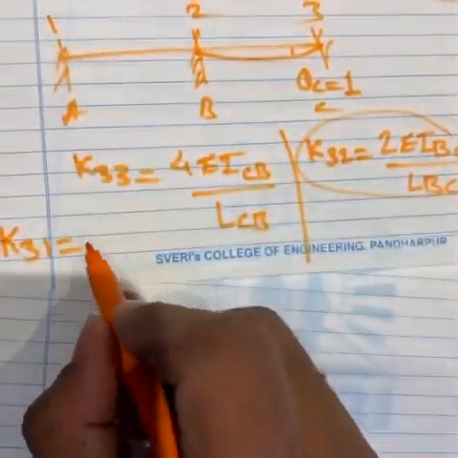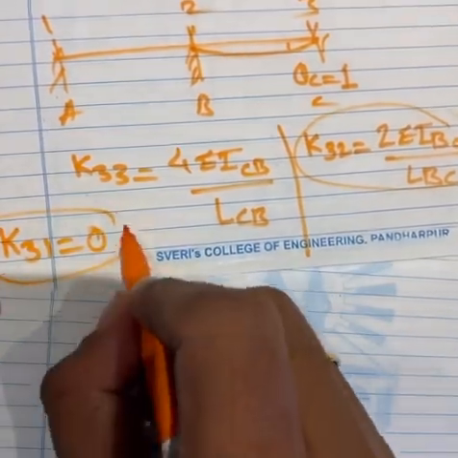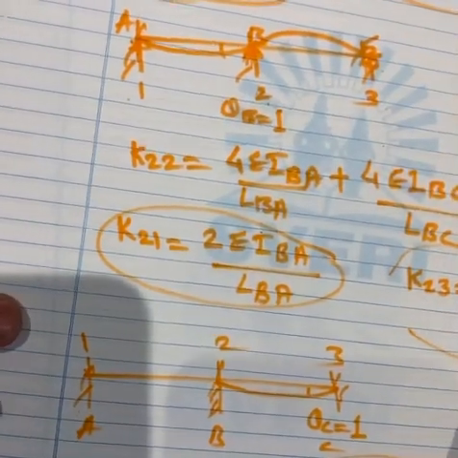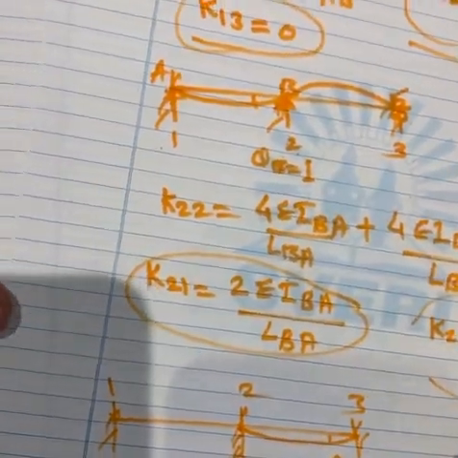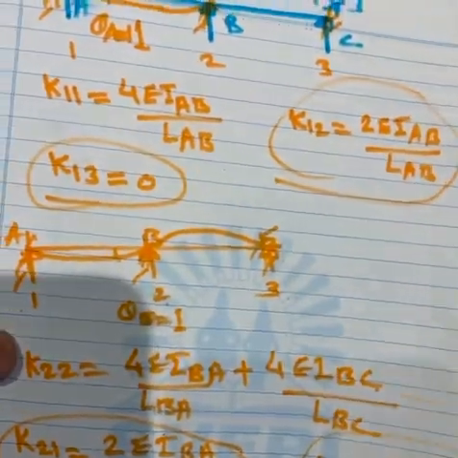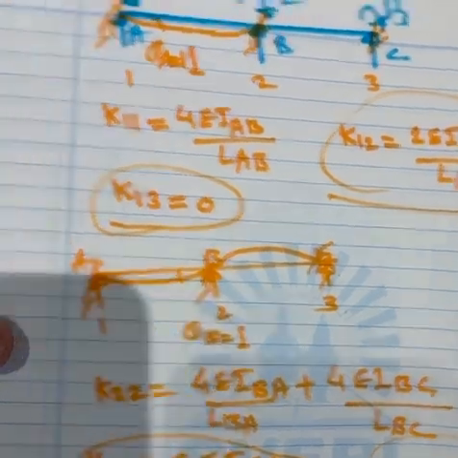Nothing is happening at 1, so it is 0, and you can see that K31 and K13 are equal, they are 0. That's how you get the 3 by 3 stiffness matrix. So it is clear how to calculate the stiffness matrix, step number 3.